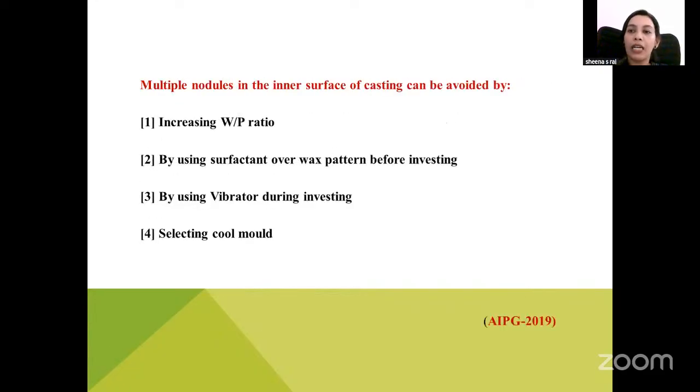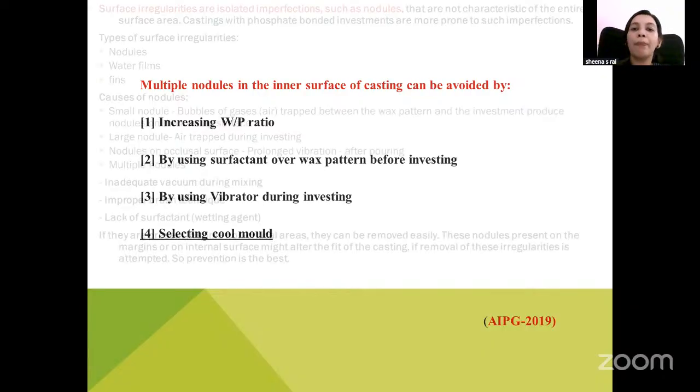Next question is, multiple nodules in the inner surface of casting can be avoided by. We know that there are some irregularities we see while we do a casting procedure. So you need to know some theory regarding this.